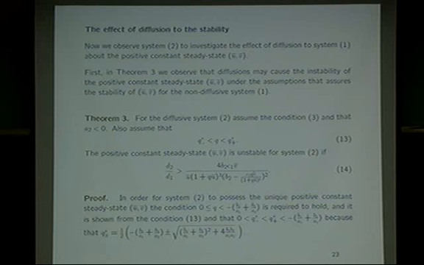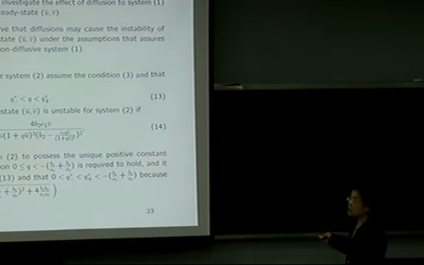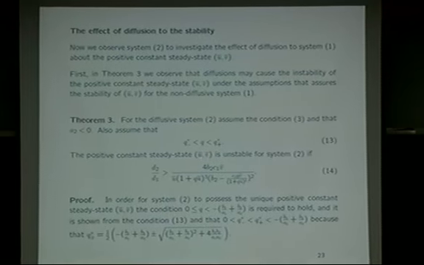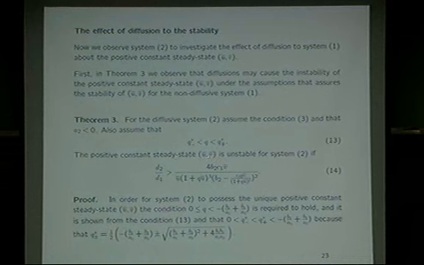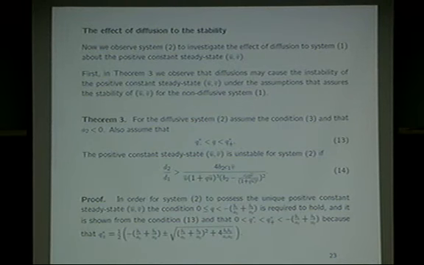If the diffusion rates D1 and D2 satisfy this inequality, then the positive steady state becomes unstable, provided the non-diffusive system has this steady state stable. So the diffusion rate changes the stability of these points for the diffusive case compared to the non-diffusive case. Let's see where this condition on the diffusion rates comes from.